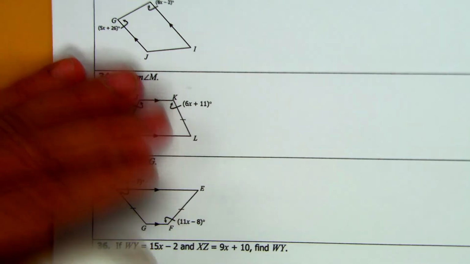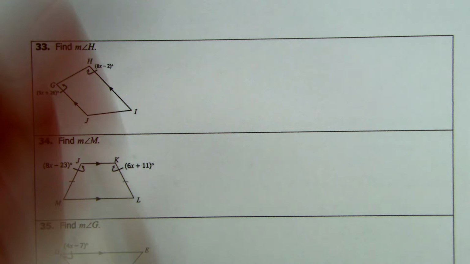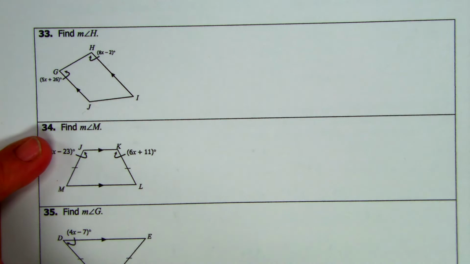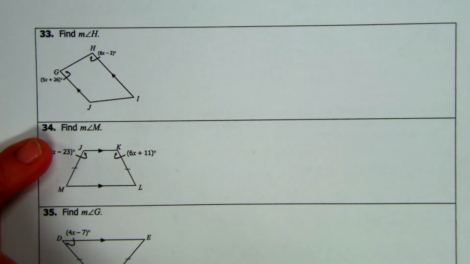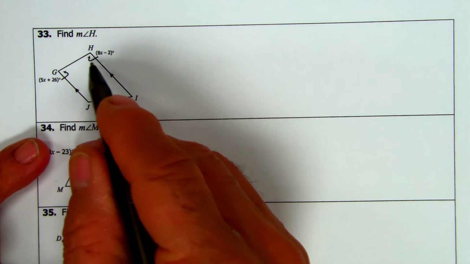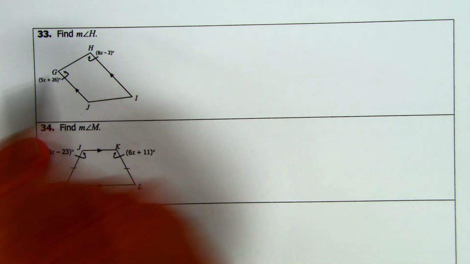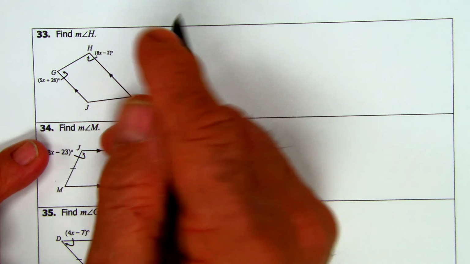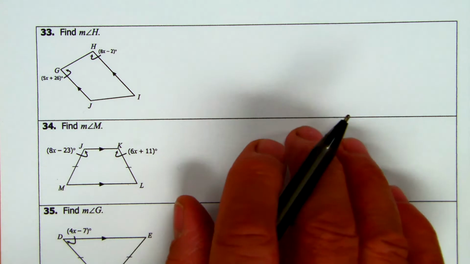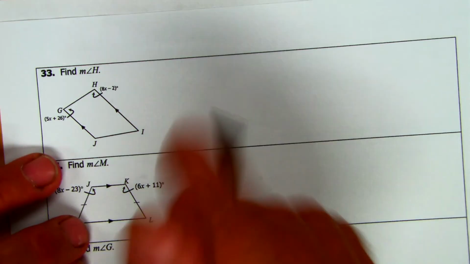All right. 33. It says, find the measure of angle H. This is a trapezoid. So we know these opposite angles are supplementary. So we're going to go ahead and set these equal to 180.